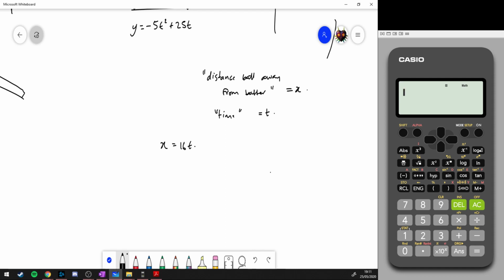So what we can do with these two functions is say x is equal to 16t, and y is equal to negative 5t squared plus 25t. The two equations are not directly related. If I asked you to relate how far the batsman hits the ball away from him versus how high the ball goes, there's nothing that directly relates the two, so I can't write an equation of y in terms of x straight away.